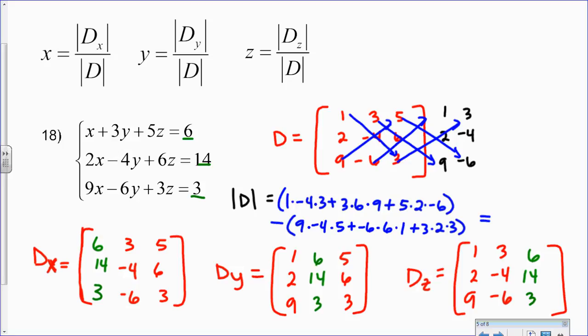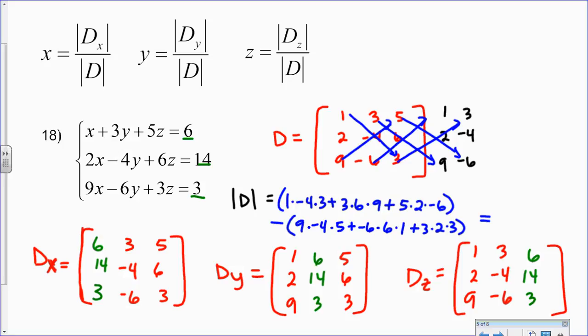Okay? You will have to do this by hand on your test at least once. It'll say by hand, and you can choose either the expansion by minors or the column rotation.